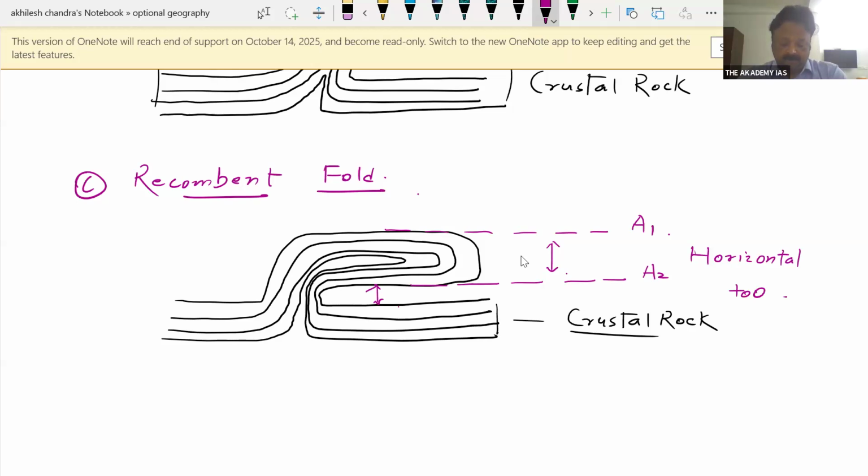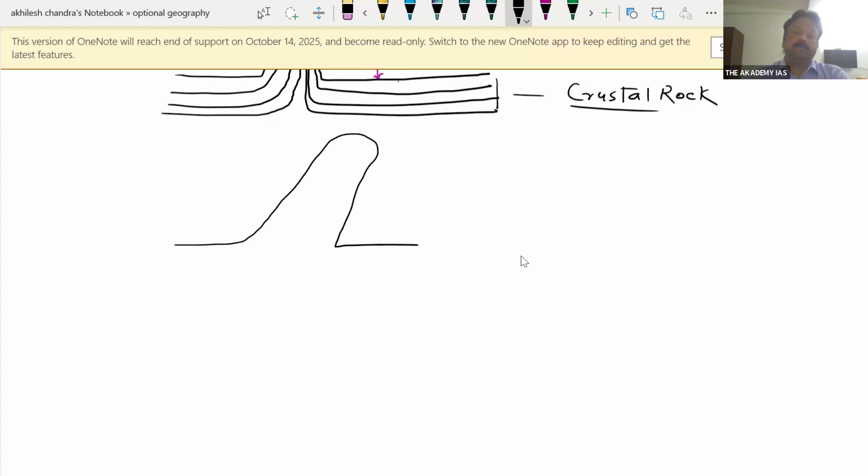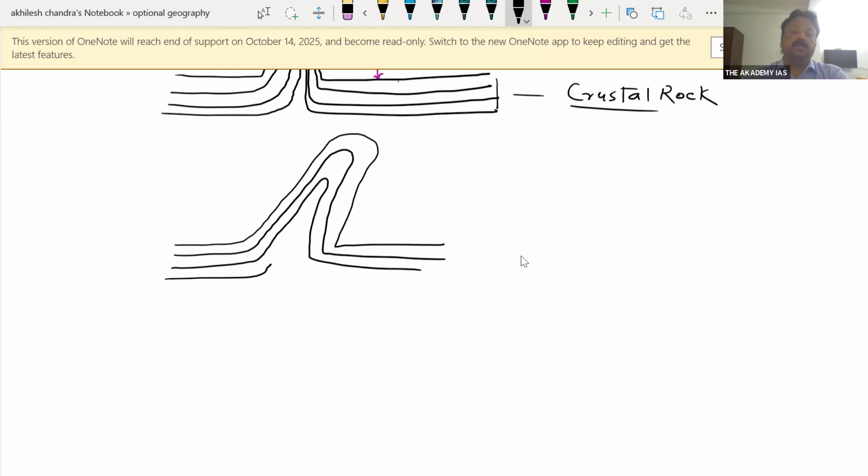Then what happens when this folding is taking place? Suppose this folding is taking place, especially the isoclinal fold to recumbent fold. In the process of folding, what happens? The upper part of the fold is pulled by gravity.